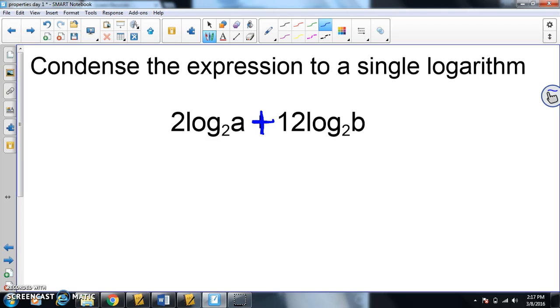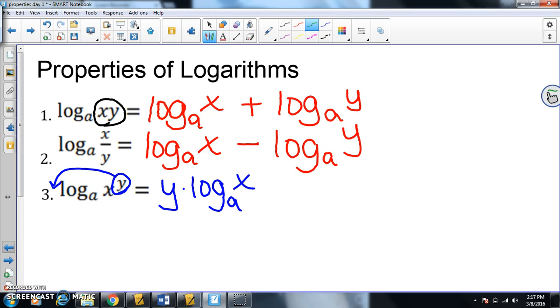Since we are adding them, it's telling me that we're going to multiply a and b, as well as if we are in the correct form. If you look back at our properties, we don't have any coefficients in front of our log, except for in our third property.